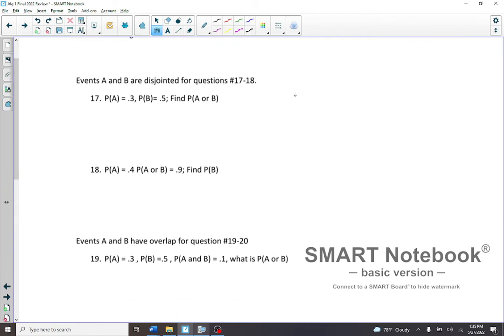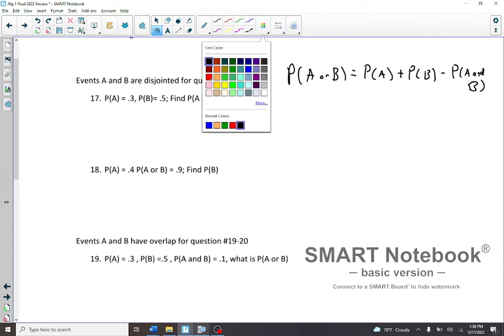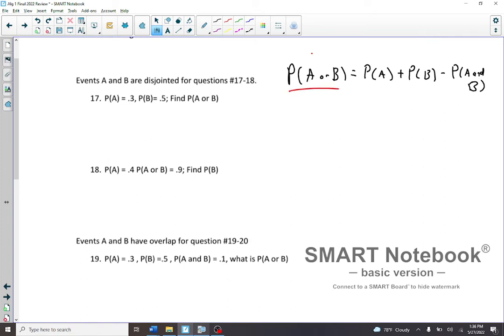All right, for these equations, the equation is: probability of A or B equals probability of A plus probability of B minus probability of A and B. With that in mind, we can just use the colors here. They're all their own variables.